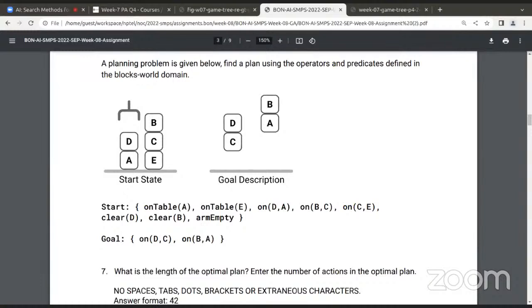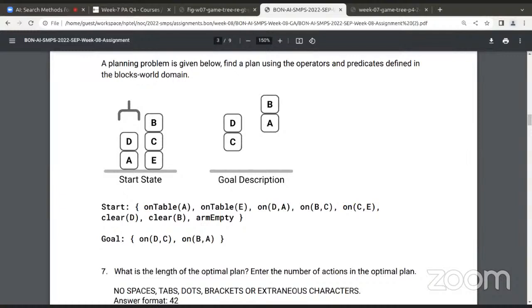Put down D. Then I have to pick up B and stack on A. Now I have to pick up D again, and then stack on C. So how many steps? 1, 2, 3, 4, 5, 6.